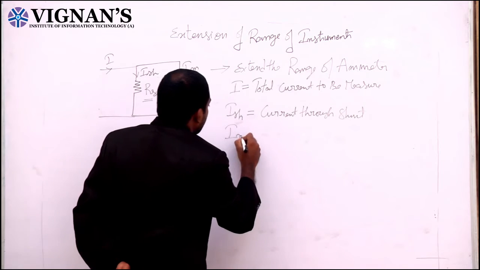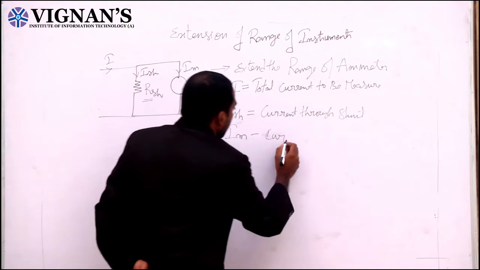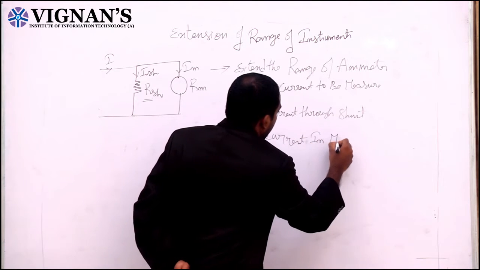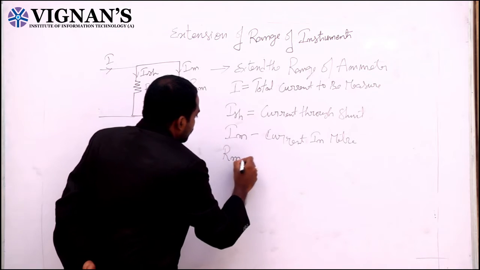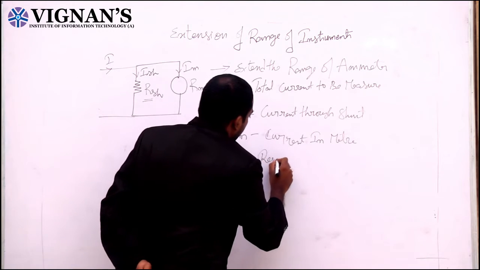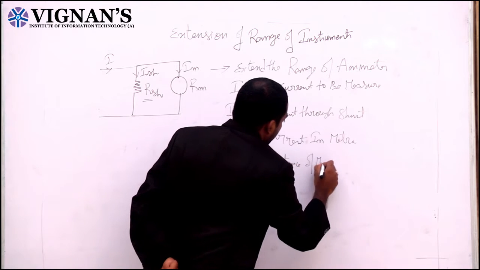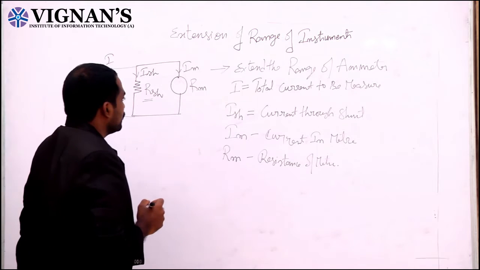IM is the current through the meter, or the full scale deflection in the meter. RM is the resistance of the meter. So these are the various parameters we are considering here.